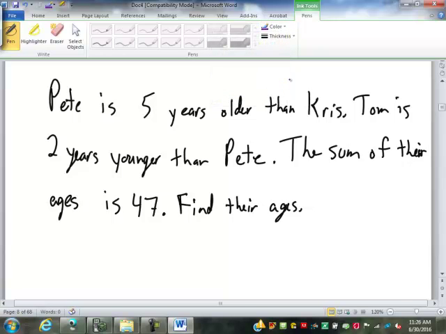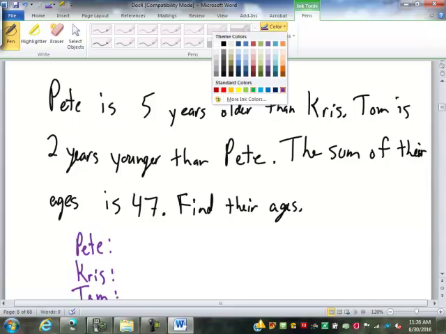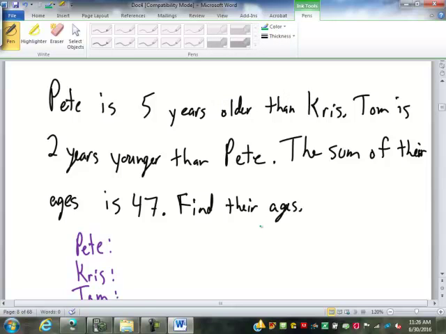So we have 3 here. We have Pete, we have Chris, and we have Tom. And again, we know that they're going to add up. That Pete's age plus Chris's age plus Tom's age has to add up to 47. But we have 3 variables. We have 3 items here. We have to get rid of 2 of them somehow.